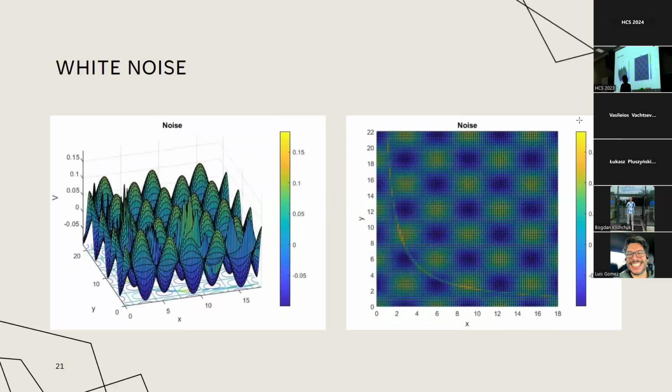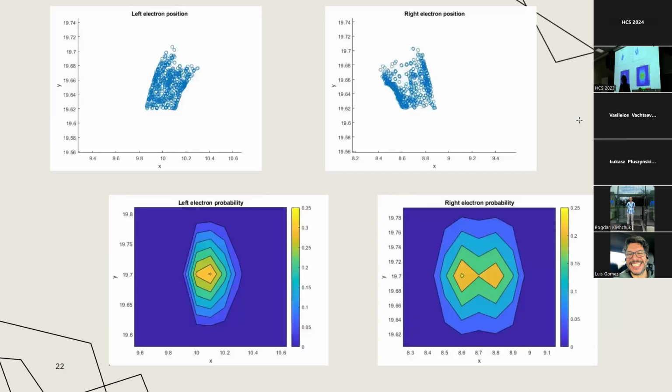And then we move on to describe the noise, adding it to the simulation in order to get a more real-world situation. And after that, we performed 1,000 tries. And here we can see the probability maps of the output.